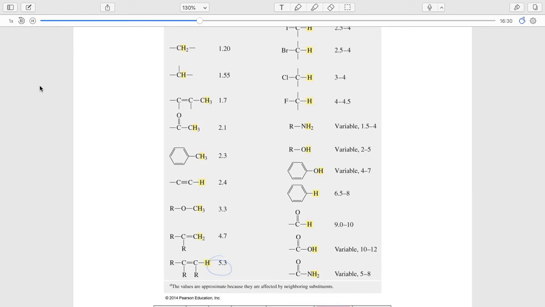I am trying to look at this one in the middle, where it's attached to an alkene attached to a carbonyl group. That shift should be pretty high then.